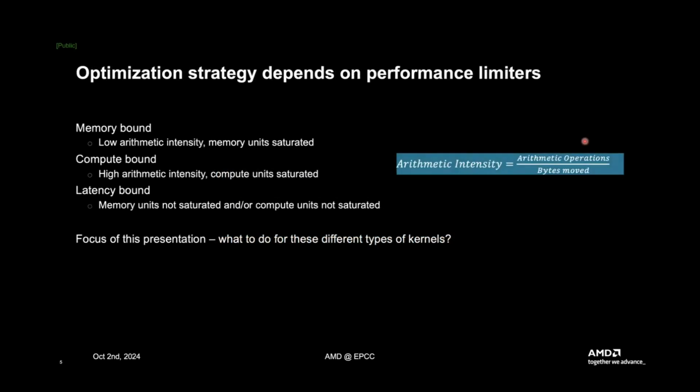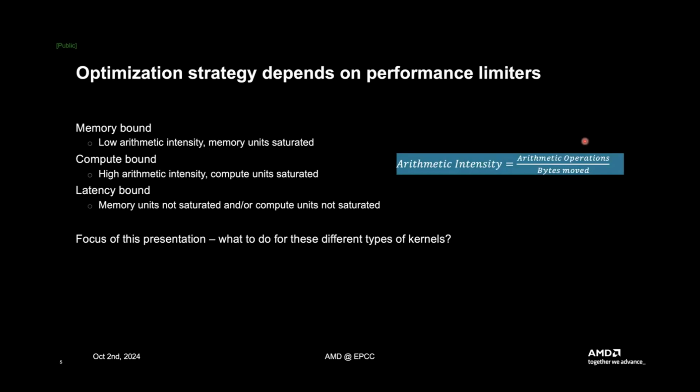When we think about GPU kernels and what they may be limited by, these three things come up first. Most HPC codes are typically memory bound. Let's talk a little bit about arithmetic intensity, and then these performance limiters will make more sense.